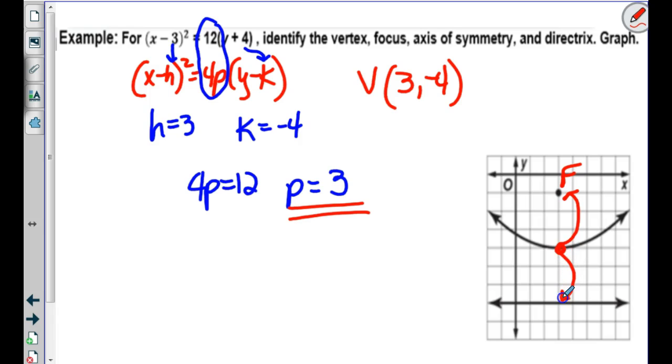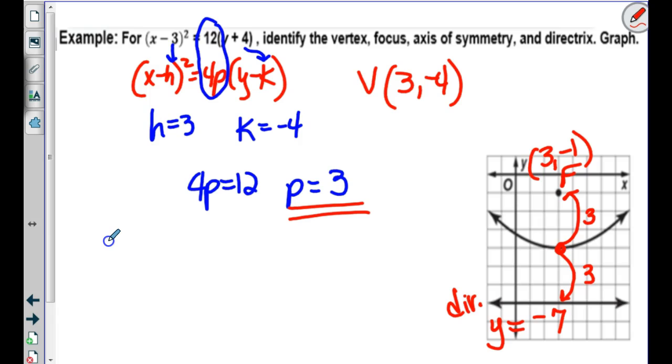And the directrix, the line, is 3 units below the vertex. So I could have figured out if I went up 3 from here, I would be at (3, -1). This line is 3 down from the vertex, which would be at -7. It's a horizontal line, so it's y equals -7.